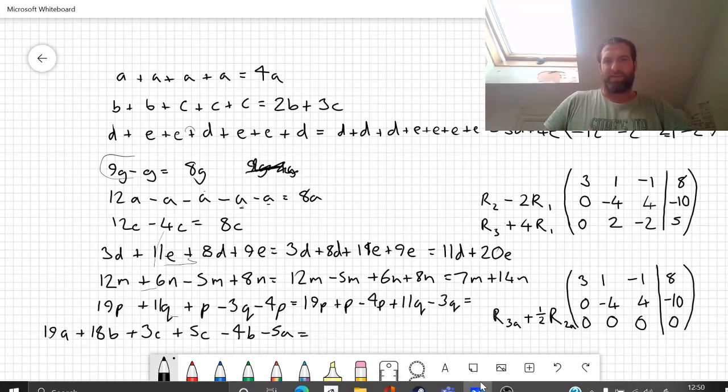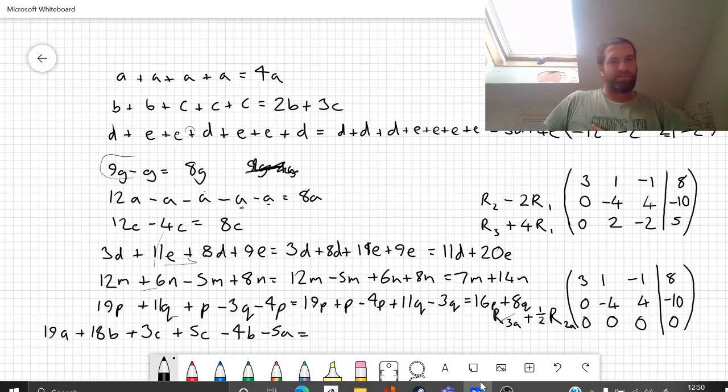So sorry, you have to ignore all this stuff here, this is my maths. So where were we? We've got 19P plus P, well that's just 20P, and then we've got minus 4P, so that's 16P. You can read it like that, just from left to right. We've got 11Q minus 3Q, well that's just 8Q, we've got plus 8Q.